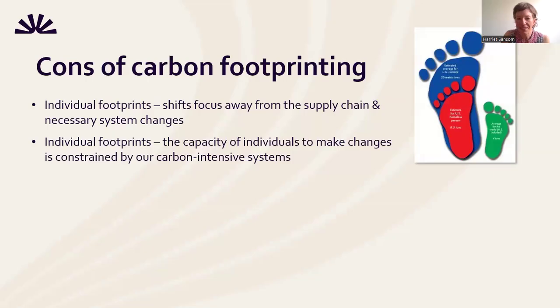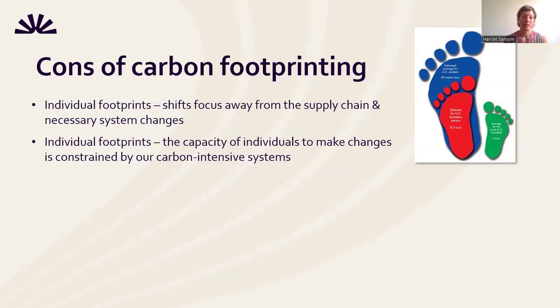And this diagram just evidences that, if you like. This was a study that was done by MIT in America. The blue footprint shows the average US footprint, and the red footprint shows the average footprint for a homeless person in the States. And then the green footprint shows the global average.